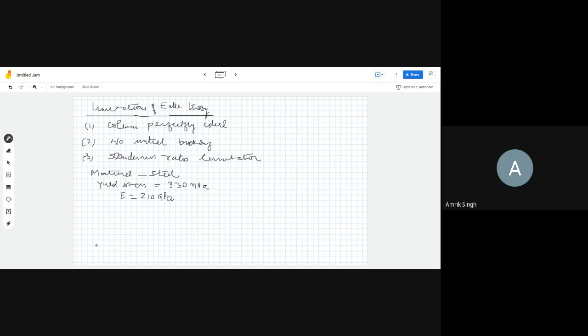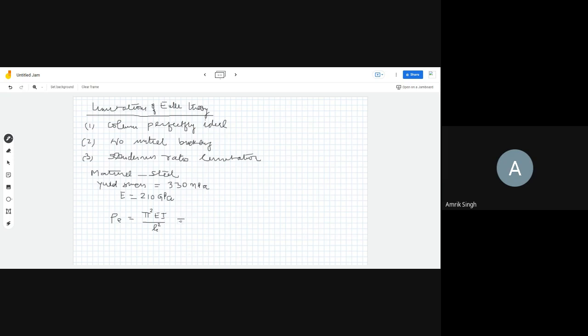Right? Now the Euler formula says that Euler load, that is PE, is equal to pi square EI upon L square or LE square, right?